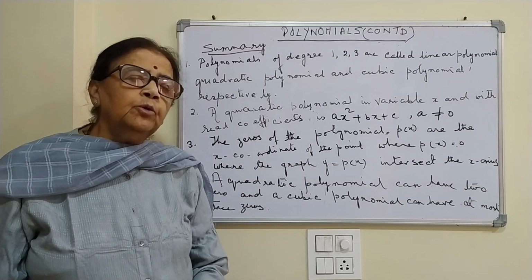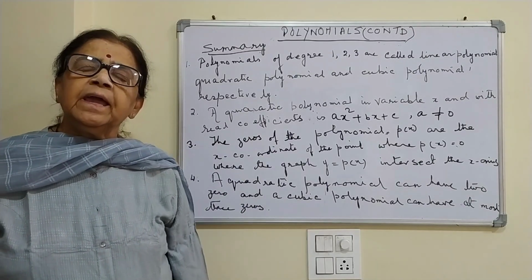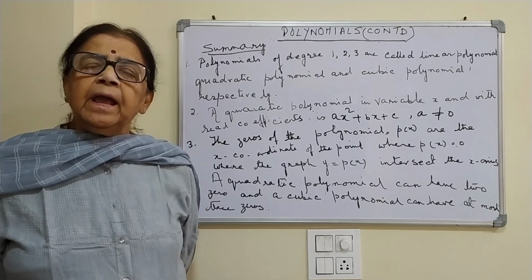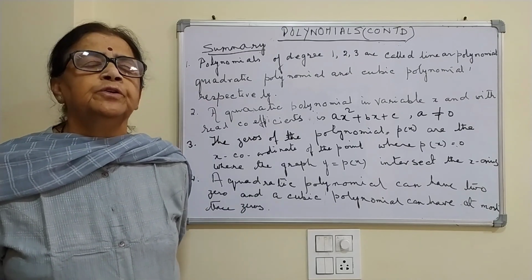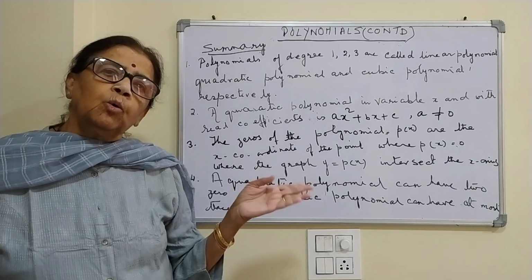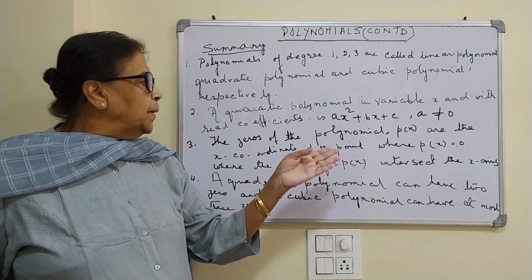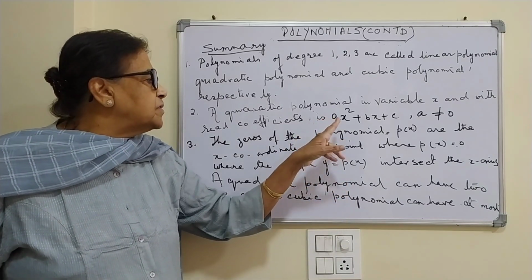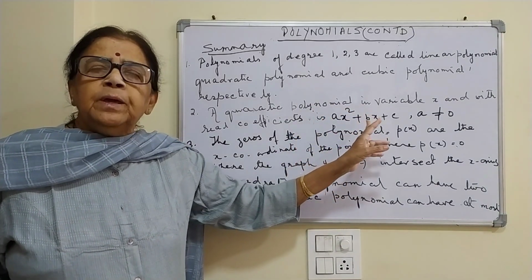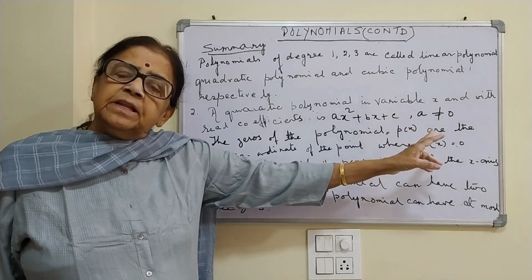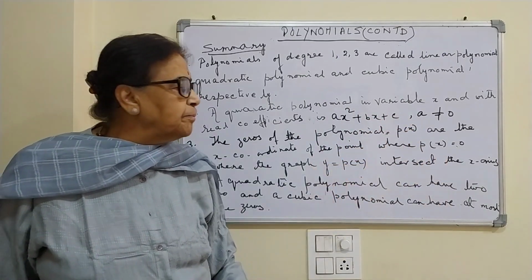Can you tell me why a is not equal to 0? When a is equal to 0, then it doesn't remain a quadratic polynomial. It becomes a linear polynomial. Then it becomes bx plus c. This is the linear polynomial of degree 1.